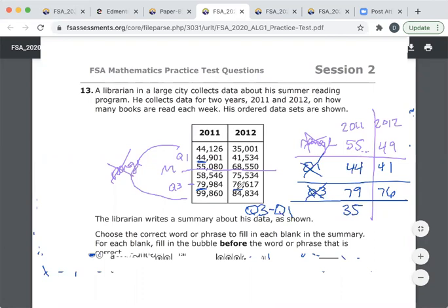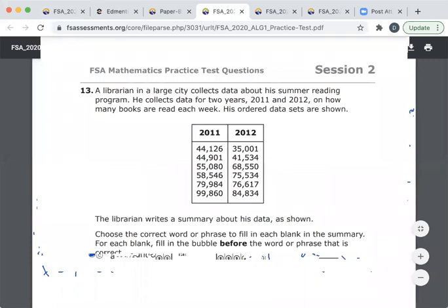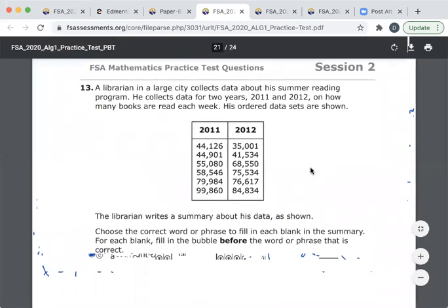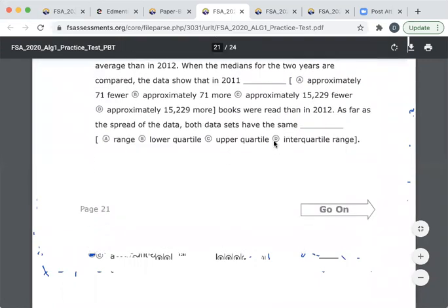If I were to do 76 minus 41, I would also get 35,000 something. So the interquartile range would be the correct answer for this problem. So that would have been D, interquartile range.